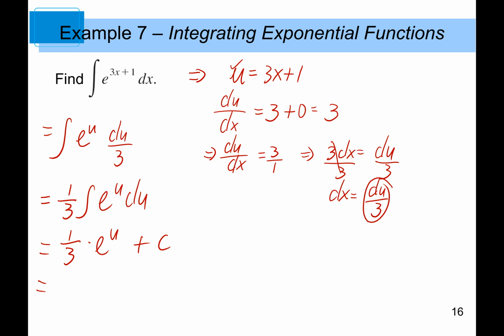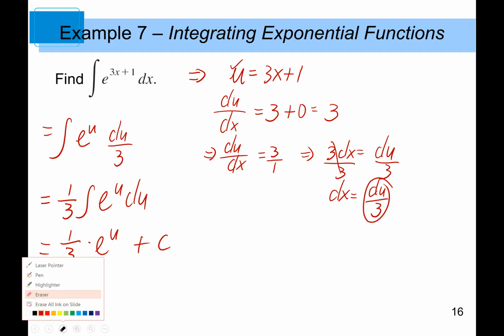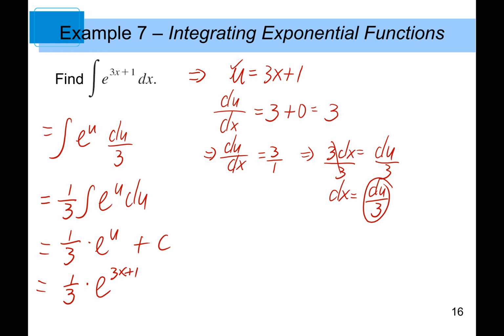Now the very last step: replace u with 3x plus 1. So you find the antiderivative of e to the 3x plus 1, which is one-third e to the 3x plus 1, plus c.